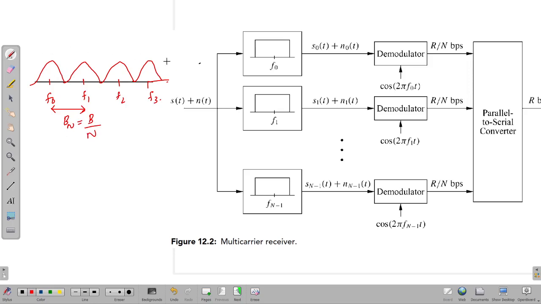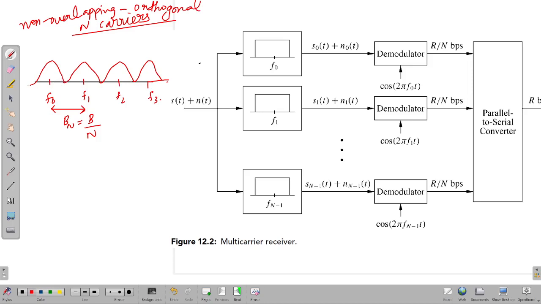And you have N subcarriers, and they are non-overlapping. Their bandwidths are not overlapping with each other, and because they are non-overlapping, they are orthogonal to each other.